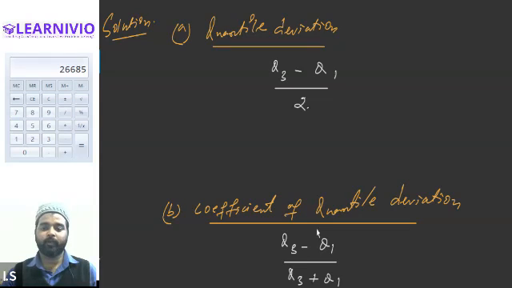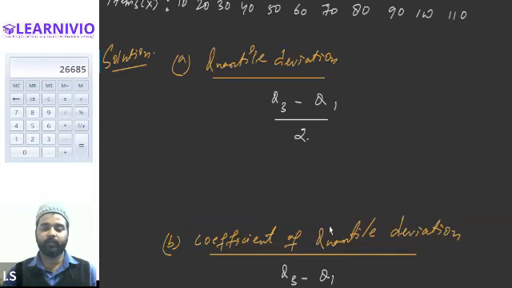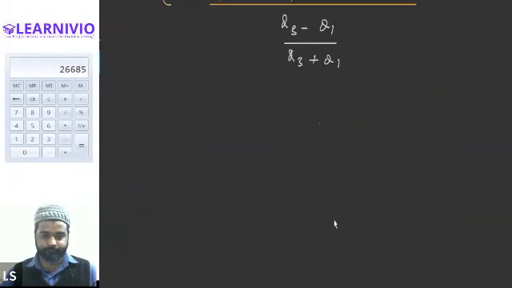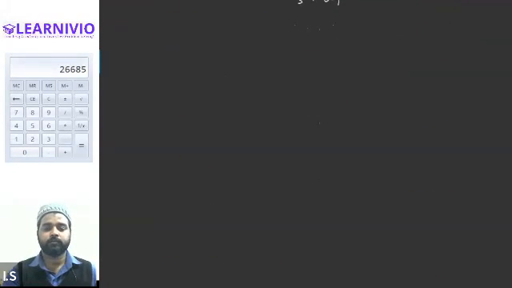But unless we know the values of Q1 and Q3, we won't be able to calculate quartile deviation. Since this is an individual series, Q1 and Q3 are not given in the question, so obviously we need to calculate them.